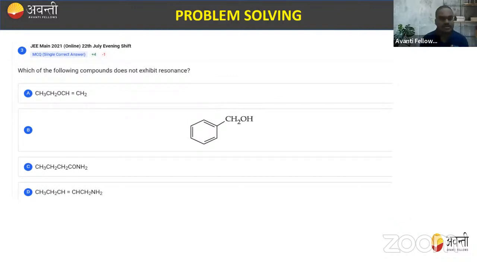चलो, move to the next question, that is which of the following compounds does not exhibit resonance। So we can say that A shows resonance. B also shows resonance because they have the aromatic compound benzene with us.